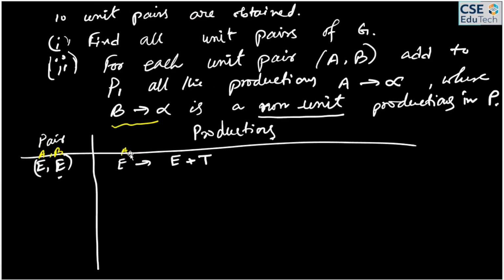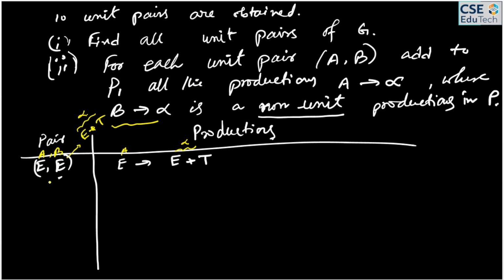So that's why we have to include it here, A to alpha. So actually the concept here is that this will basically be the alpha. Clear? Because E to E plus T is a non-unit production, and we consider it as alpha. So A to alpha will be included in P1.